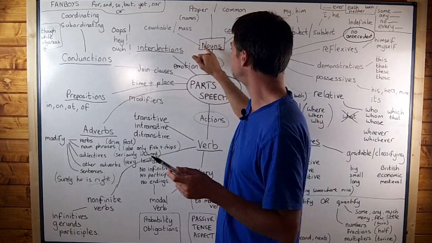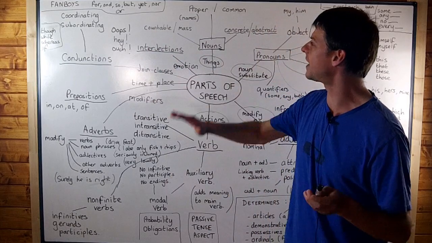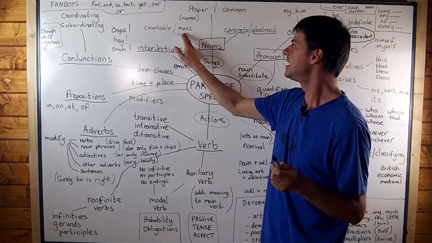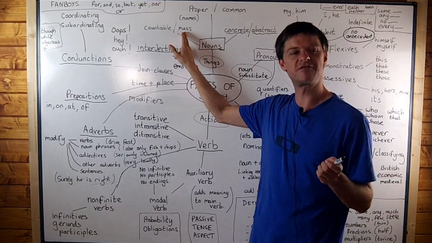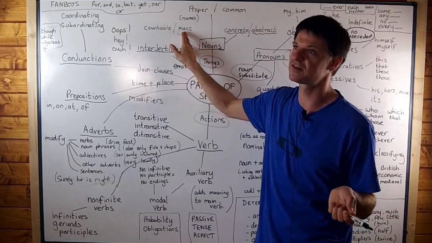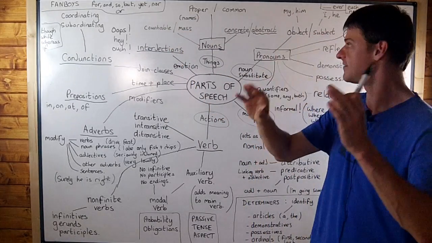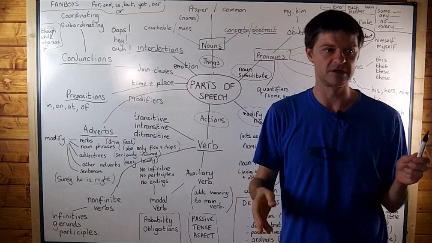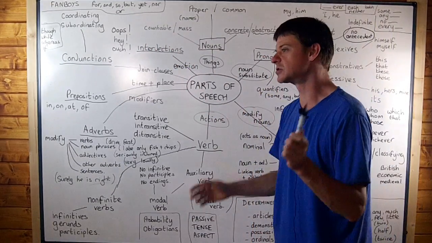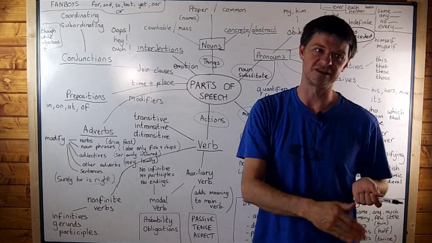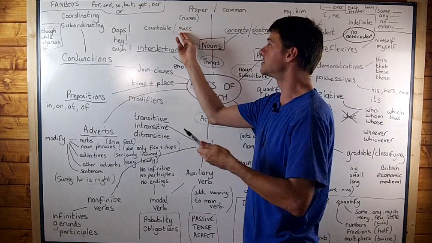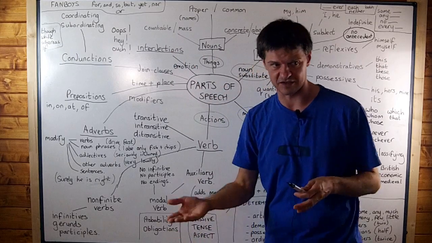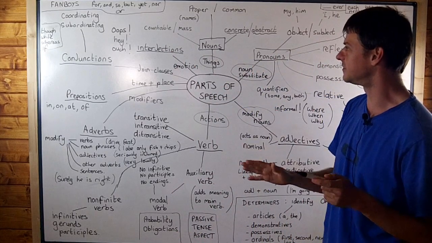Okay, we can also split nouns into countable nouns and uncountable nouns, and in a dictionary they're usually referred to as mass nouns. If you look at the word in the dictionary and it's a noun, it will tell you immediately if it's countable or a mass noun. Some words, unfortunately, can be countable in some situations and uncountable, they can be mass nouns, in other situations, so be careful.